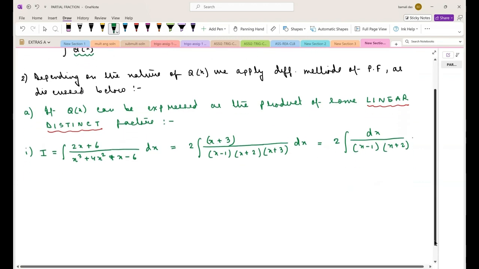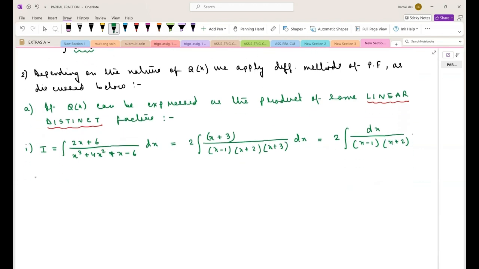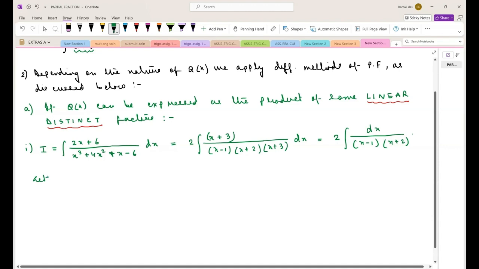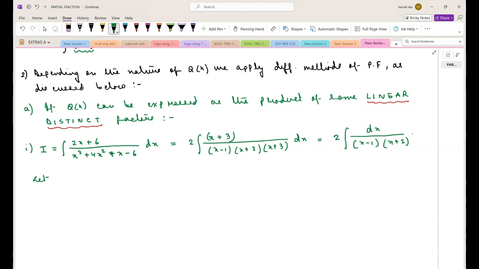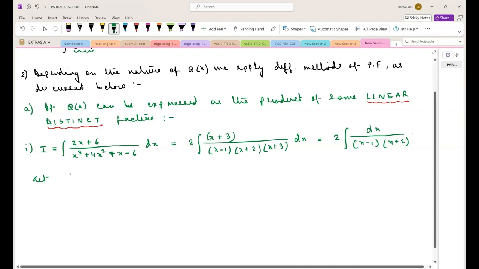Now the rule is, in the final form of the integral, that is the last stage, excluding the dx expression, whatever you have. For example, here we have 1 and denominator we have x minus 1, x plus 2. So we take that part. So just removing dx, we take 1 by x minus 1, x plus 2.